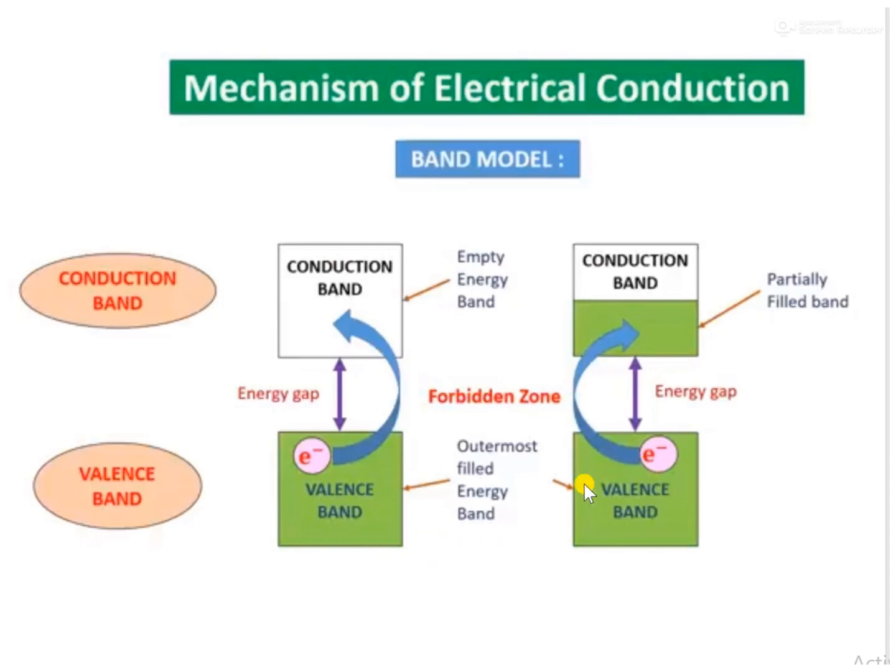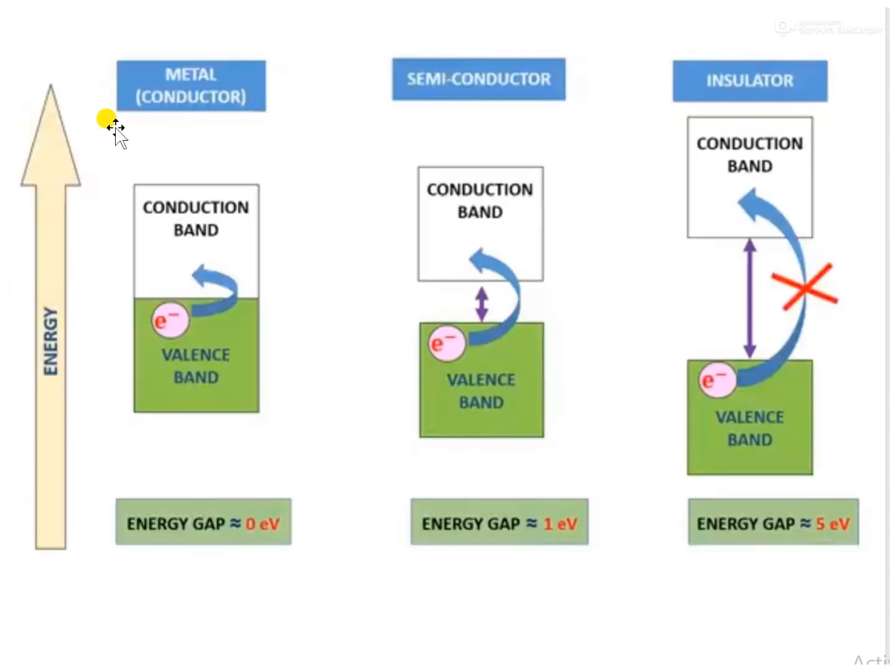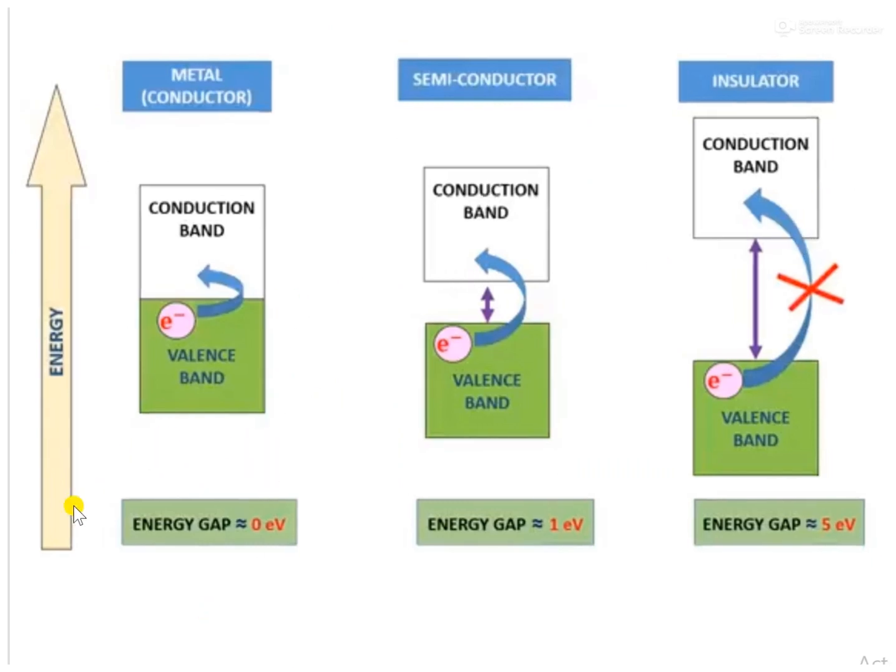So for metal conductors, semiconductors, and insulators, the energy bands could be like this. This is increasing order of energy. In case of metal conductors, you can see here, this is the valence band and this is the conduction band, and there is no energy gap between them.